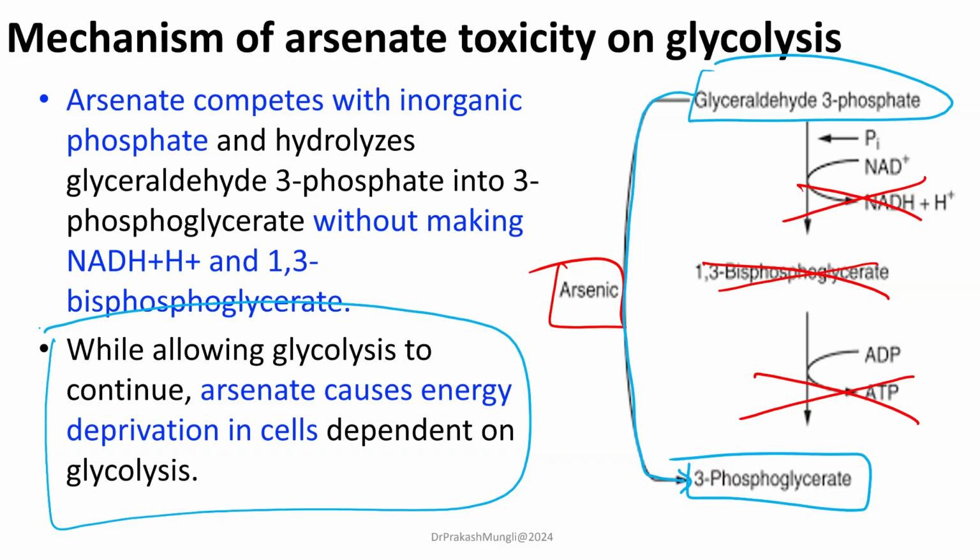That's how arsenate works on glycolysis. Make sure you know this, how the bypass occurs. So it's not like it's totally inhibiting glycolysis. It is allowing glycolysis to go on, but without making ATPs at this stage. Is it clear? Okay. So that is the point here.